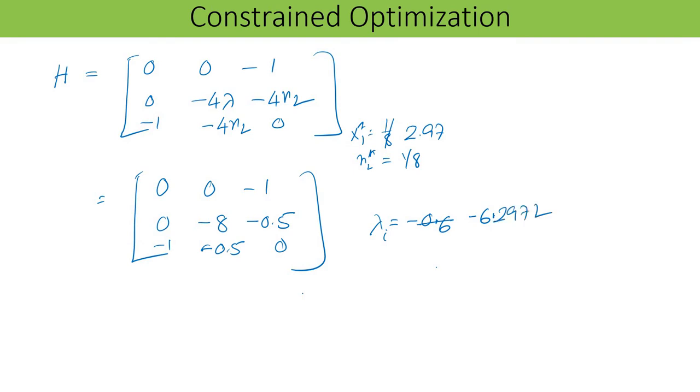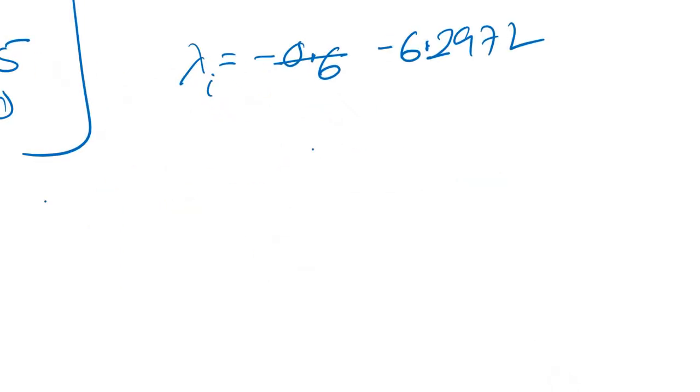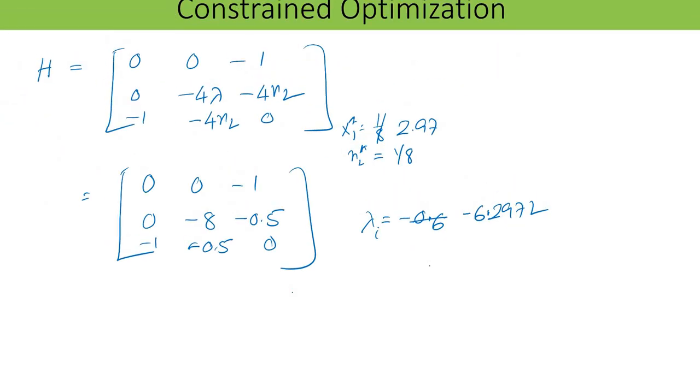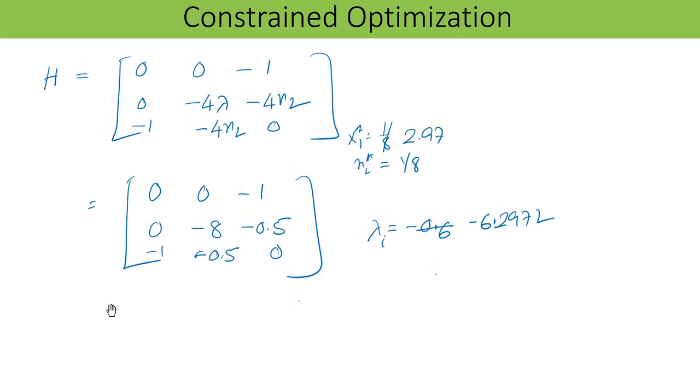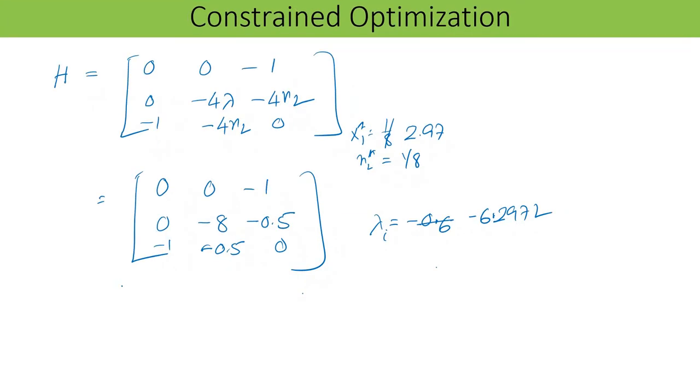So therefore the matrix is a negative definite matrix, and whatever solution you are getting, that is x star, the point 2.97 and 0.125, is a maximum.